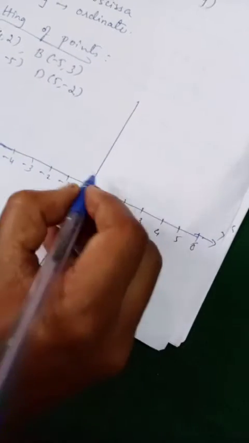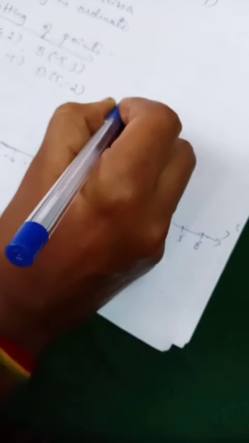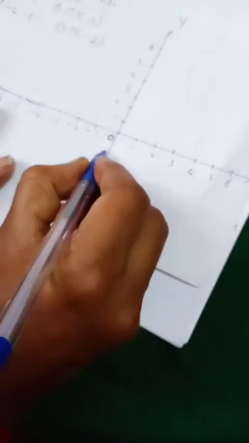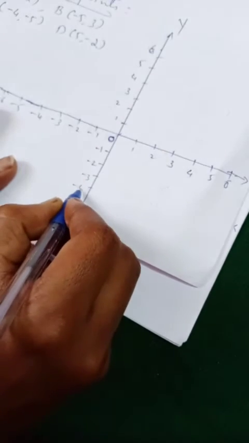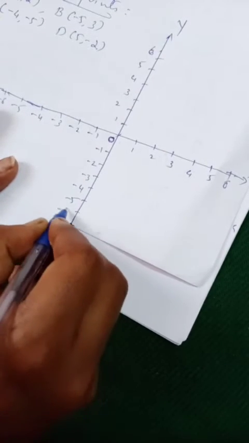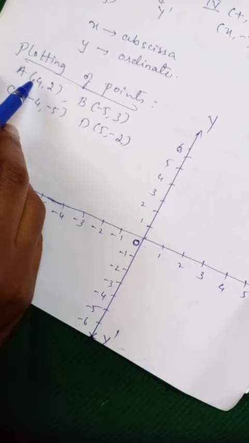This is O. Then 1, 2, 3, 4, 5, 6. This is the y-axis. This is minus 1, minus 2, minus 3, minus 4, minus 5. So this is y dash. So the first one is A, 4 and 2.